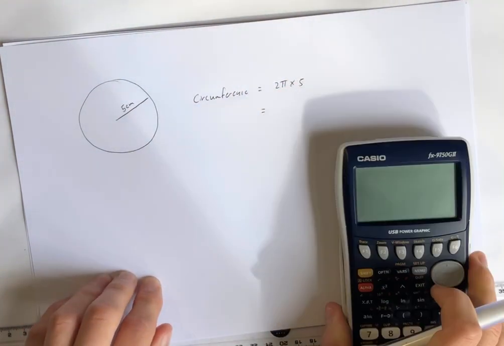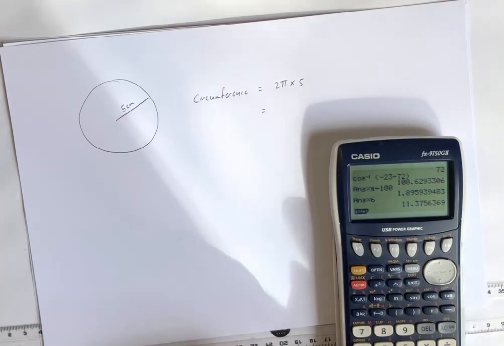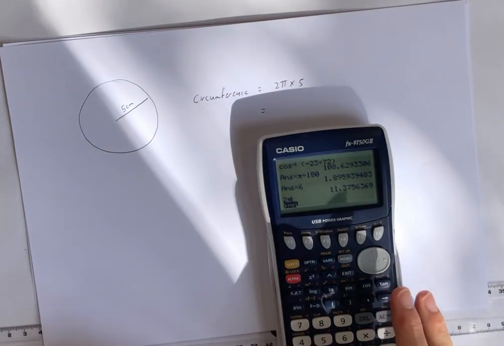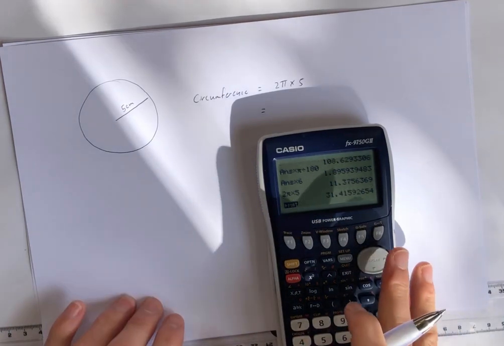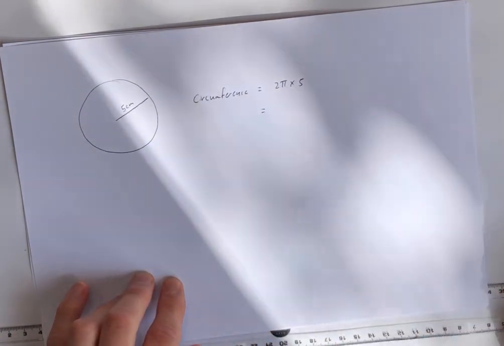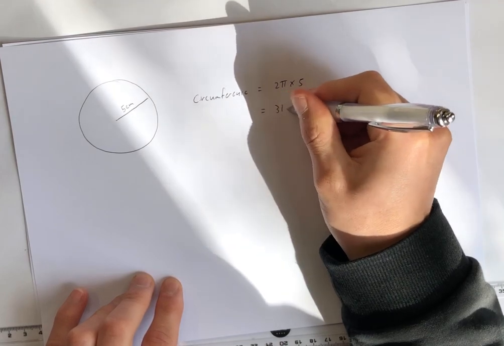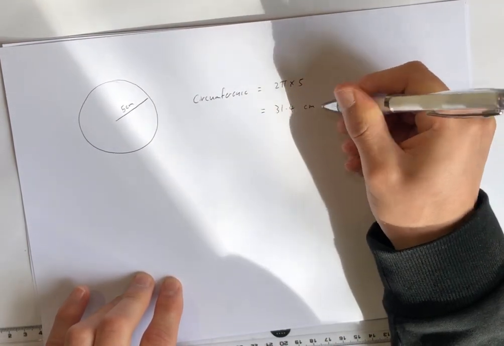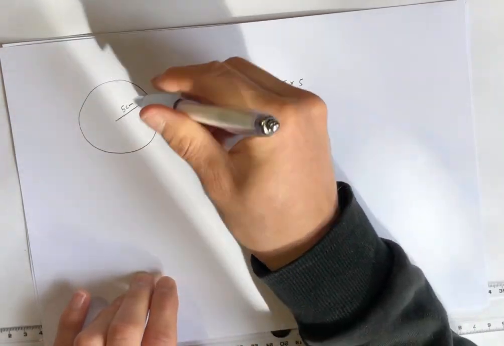And if you had a calculator, because you're in year 10 or 11, you would say 2 pi, you might need to shift and get that pi, times 5, and that's 31.4 centimeters.